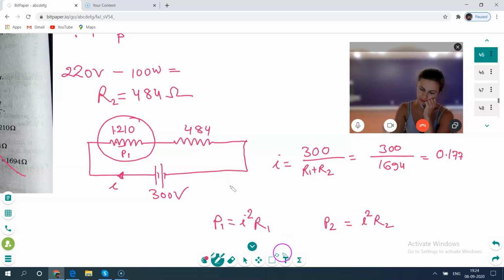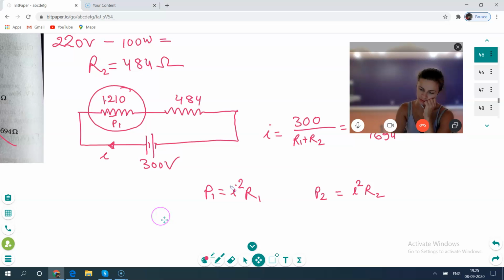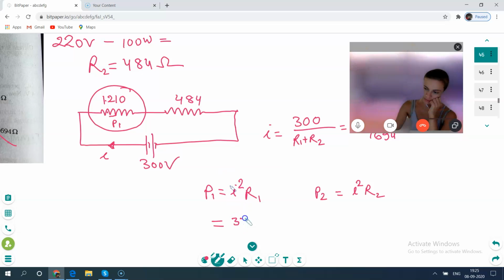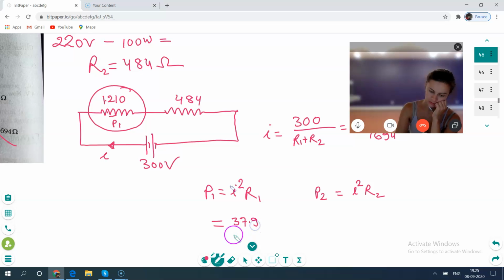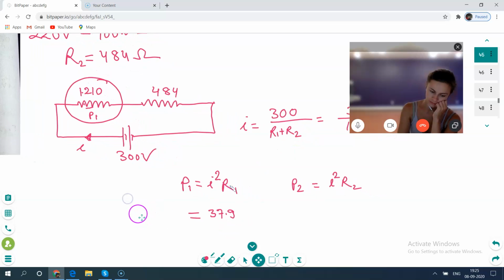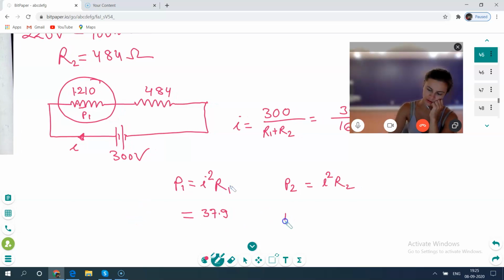I square, 0.177 squared, multiplied by 1210. Oh my god, these calculations. Just use a calculator, faster. It's going to be 37.9. P1 is 37.9. P2 is 15.16.